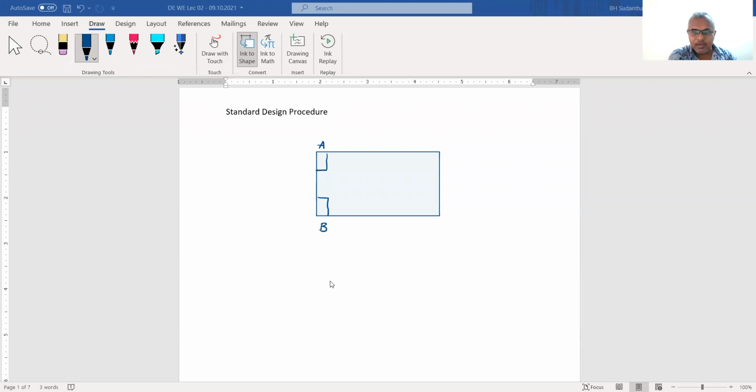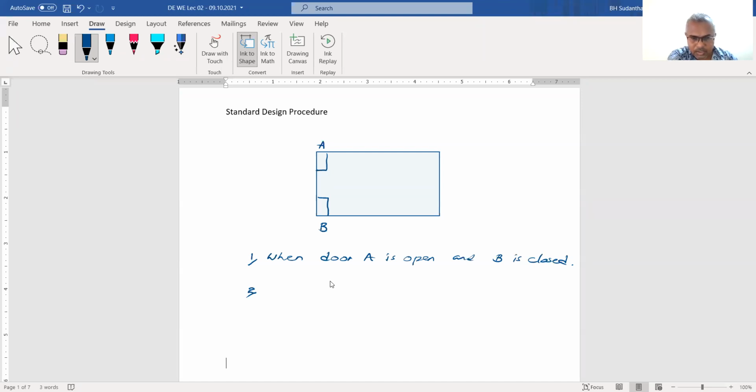Then he will explain his requirement. The first condition he is telling is that when door A is open and B is closed, that is one security condition.